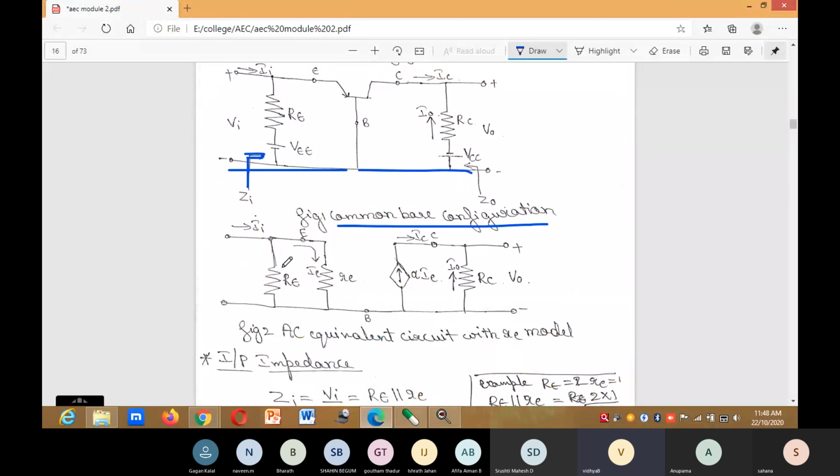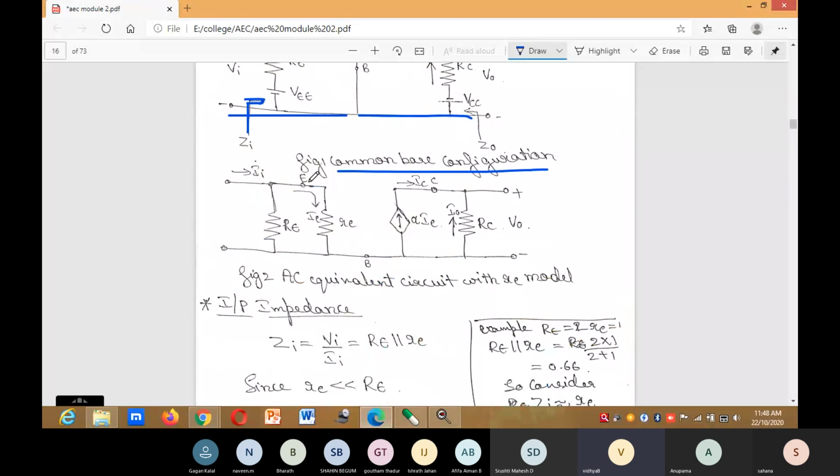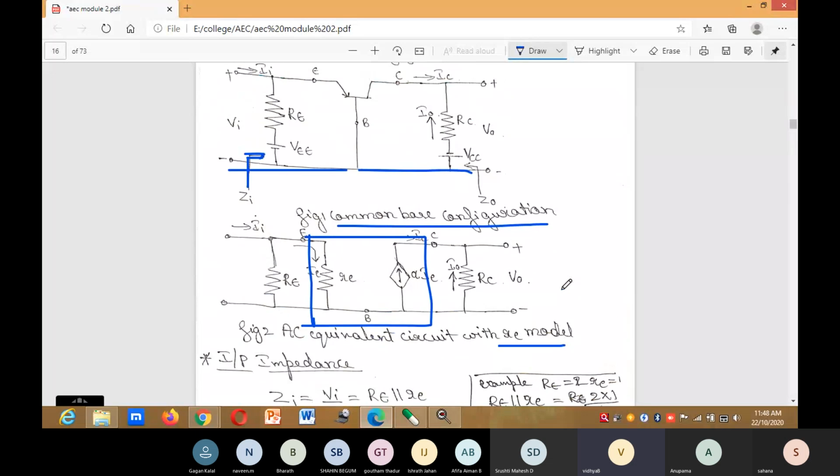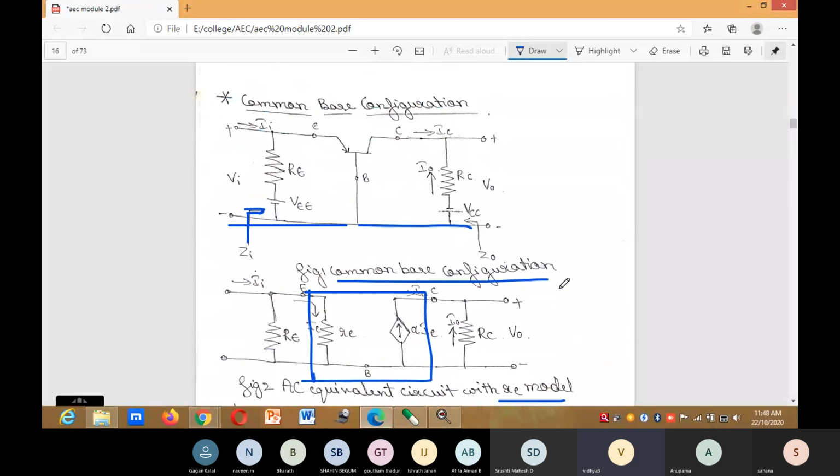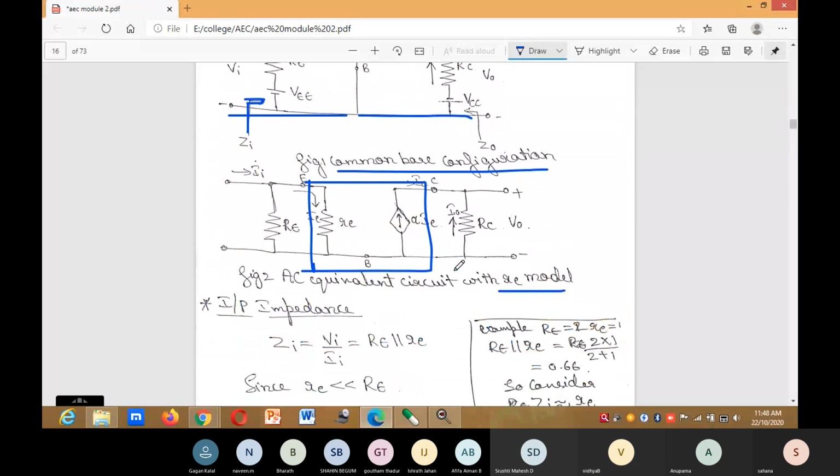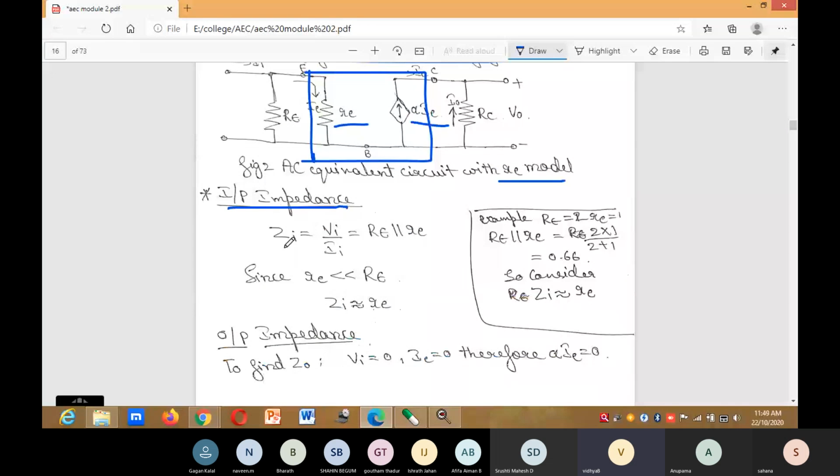In common base configuration, we will add the re model for this, re and alpha IE. Input impedance ZI is equal to VI divided by II, RE parallel small re.